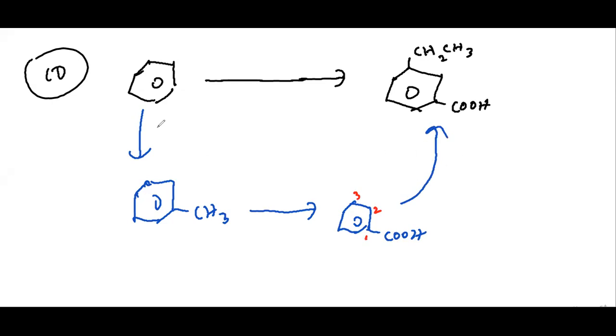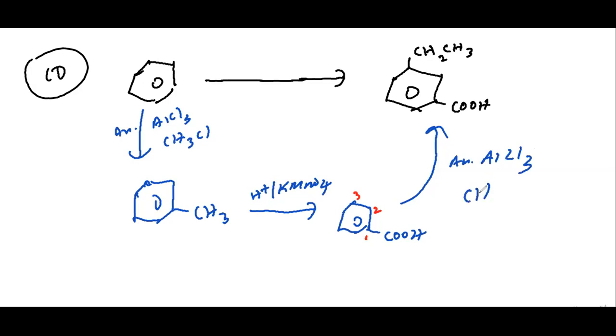Okay. What is the first reagent? Anhydrous AlCl3 and CH3Cl. Then next you use acidified KMnO4. After that you can add anhydrous AlCl3 and CH3CH2Cl. Are you all okay? But there will be an interference, which you will understand later, but at this stage you will accept that there can be a side reaction.